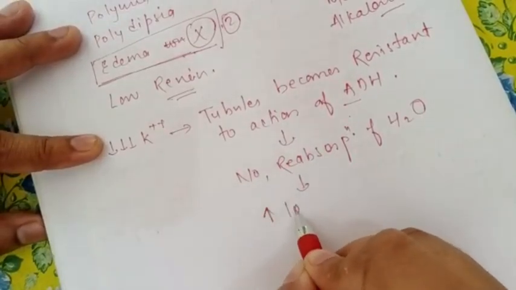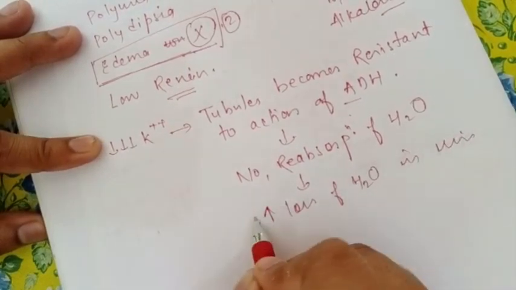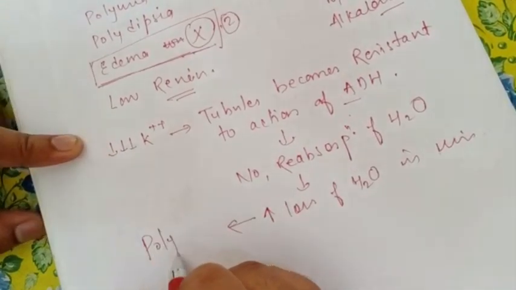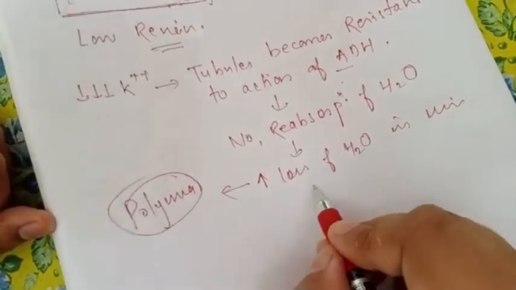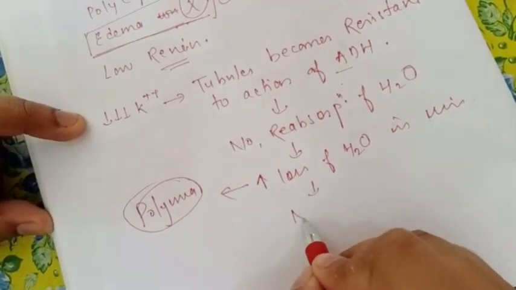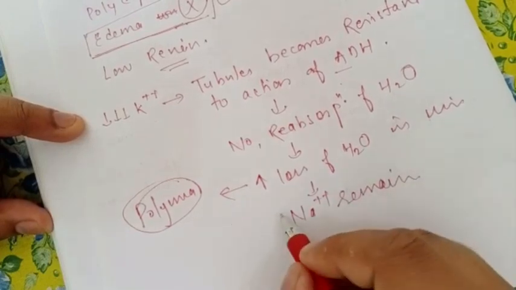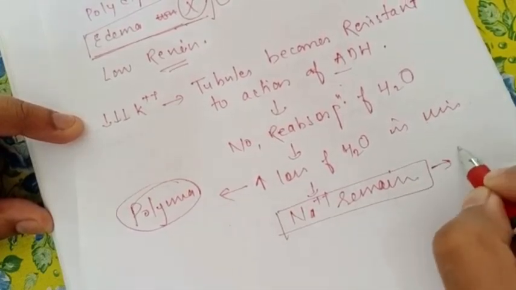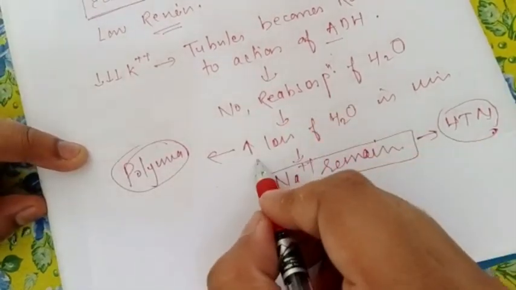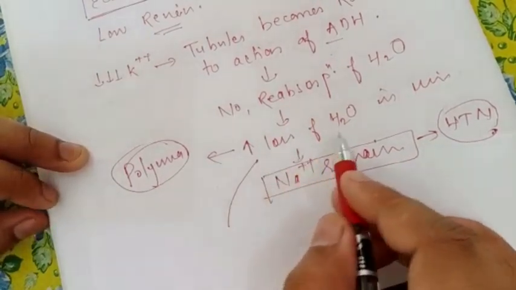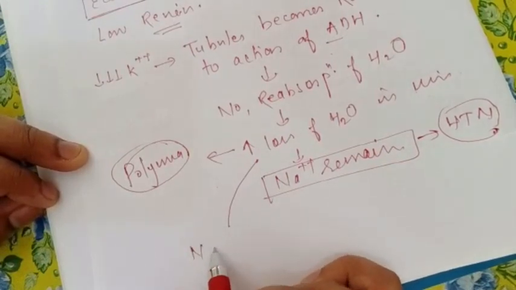It means there will be increased loss of water in the urine, which will lead to polyuria. Now water has been lost in the urine. In the body, what remains? Only sodium remains. It will cause hypertension. And as the water keeps on going out because of the increased loss of urine, there will be no edema.